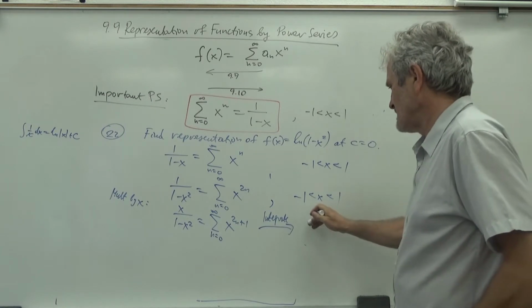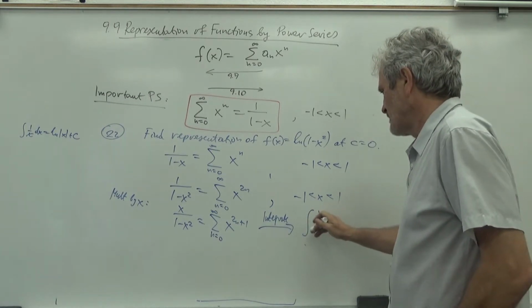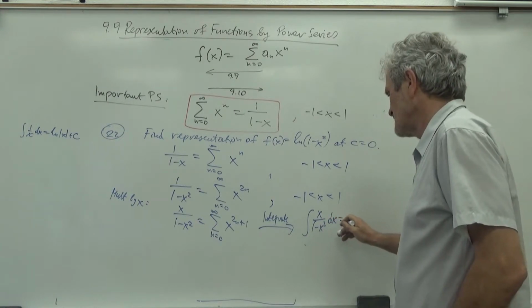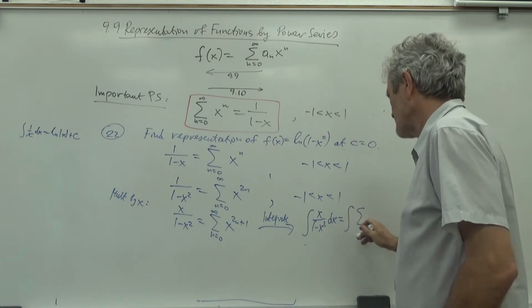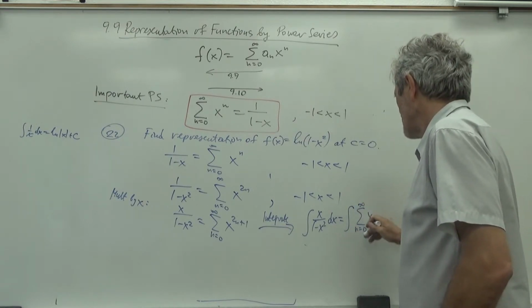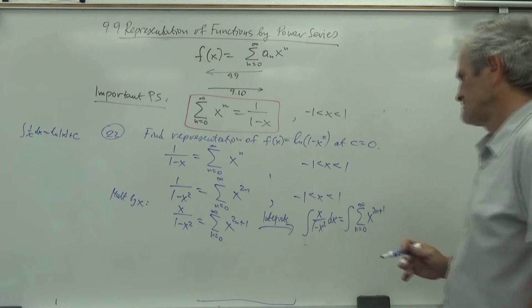So what will that give me? The integral of x over 1 minus x squared dx equals the integral of the sum, n goes from 0 to infinity, of x to the 2n plus 1.